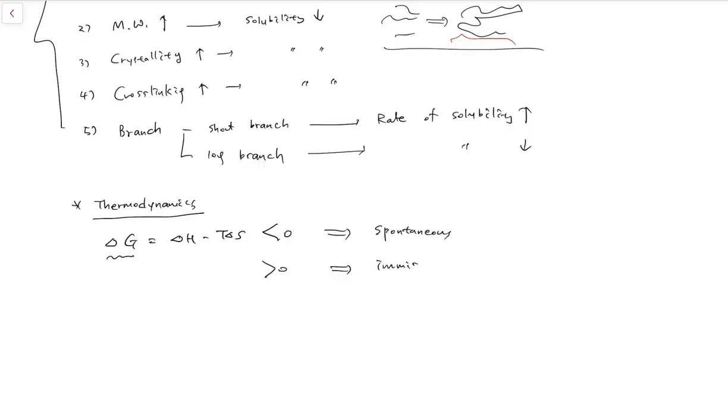The solvent will not dissolve it. It's immiscible. That's pretty much it in terms of thermodynamics.